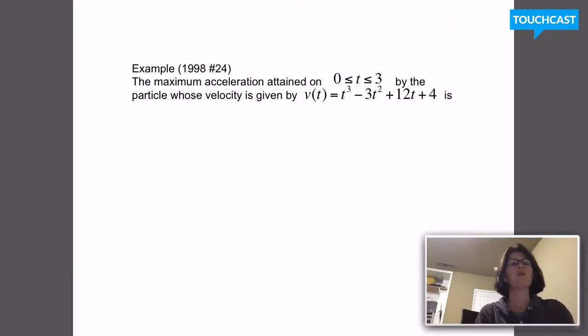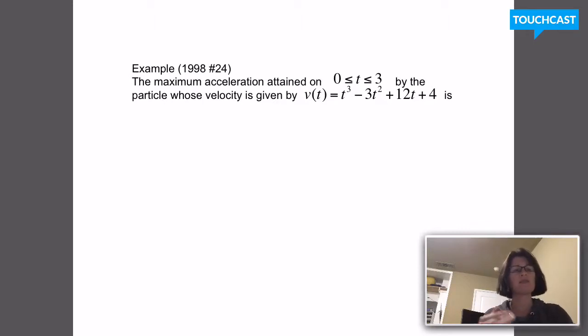Okay, so this is an example multiple choice problem that was actually published in 1998. We're asked to find the maximum acceleration attained on the interval times between 0 and 3 inclusive by a particle whose velocity is given by t cubed minus 3t squared plus 12t plus 4.